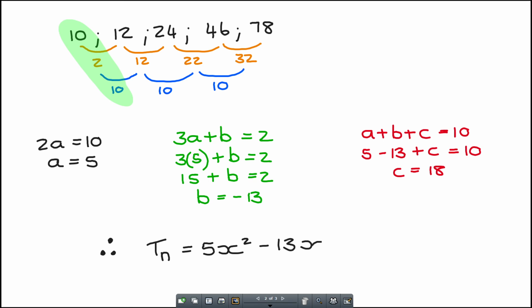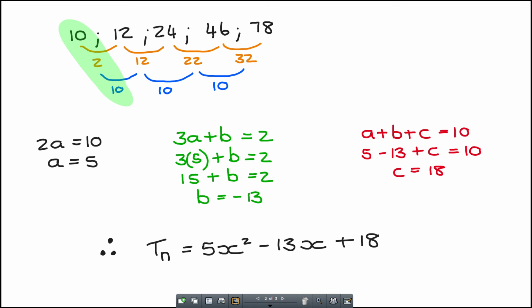Okay, kom ons kyk gou-gou. So you first had to get first difference, and it gee vir daai 2, 12, 22, 32. It's not constant yet, so I go for second difference. Dan gaan jy sien 10, 10, 10. So second difference is constant, so I know I will have a quadratic equation, meaning ax squared plus bx plus c.